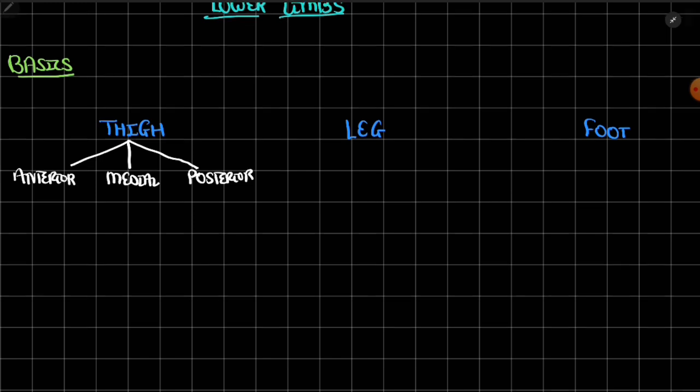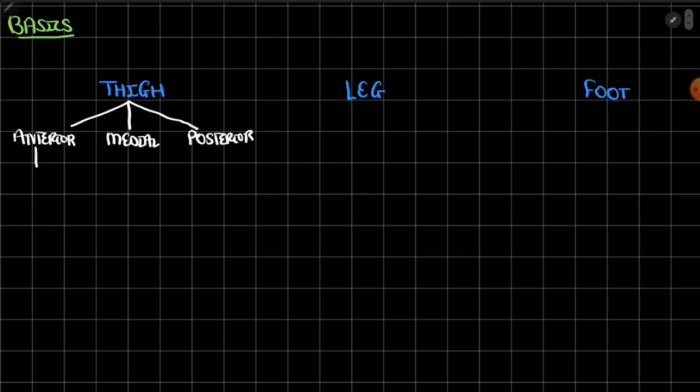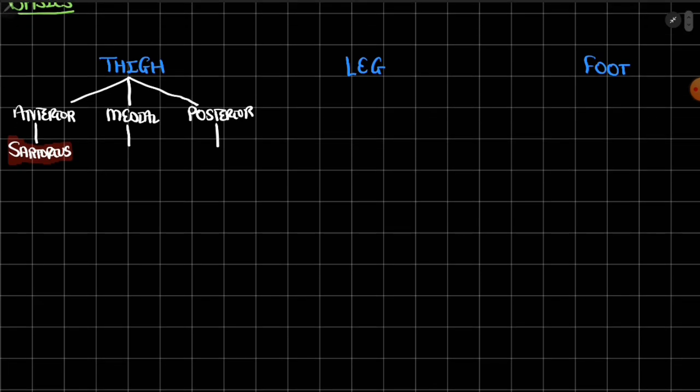The anterior compartment is also known as extensor compartment, and it consists of the muscles. I will write the short form a bit. So the anterior compartment consists of sartorius. I will highlight this sartorius. I will tell you later why I highlighted this.